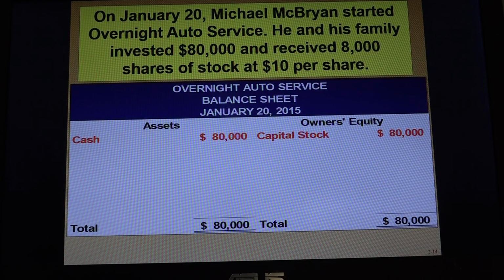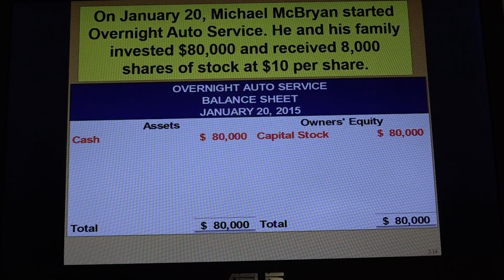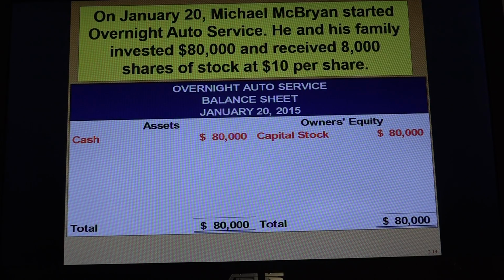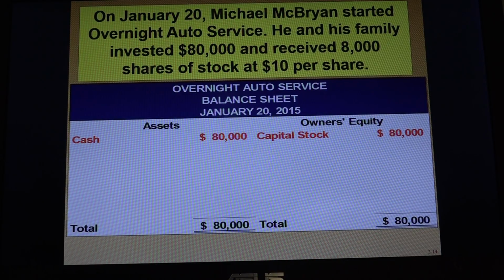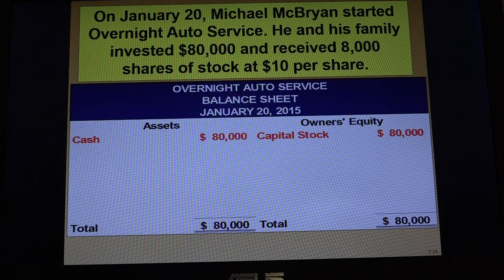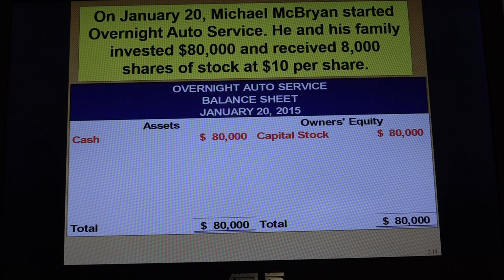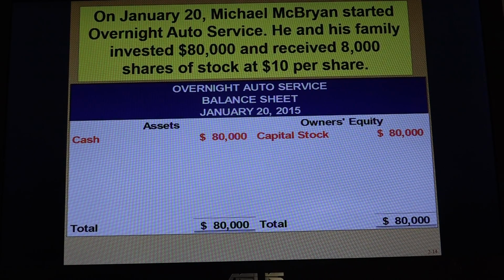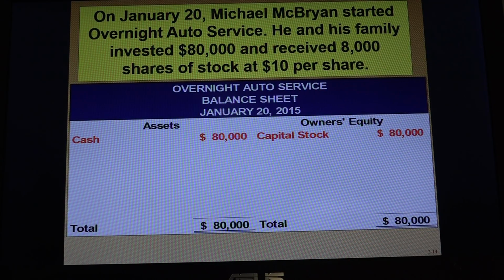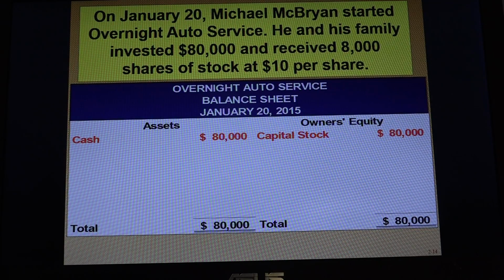So you're going to list every time as your first asset cash. Second, you're going to list, if you have it, accounts receivable, where you have made a business transaction on credit and you expect to be paid from your customer in the future. So it's a future expectation of cash.